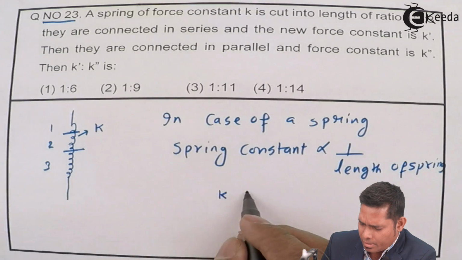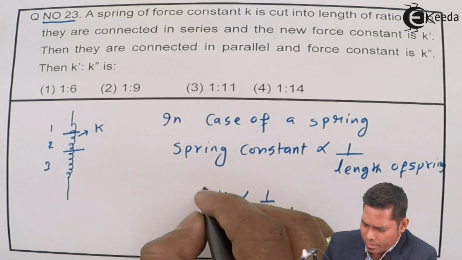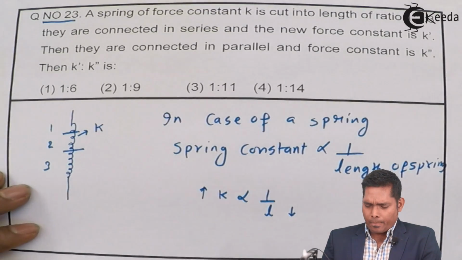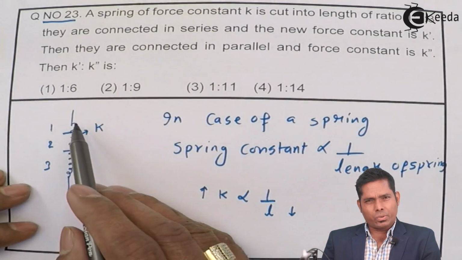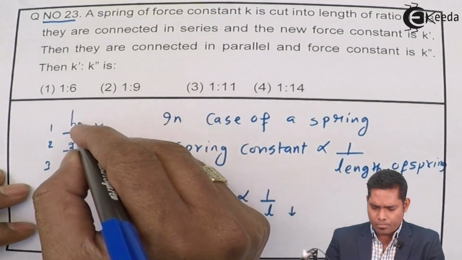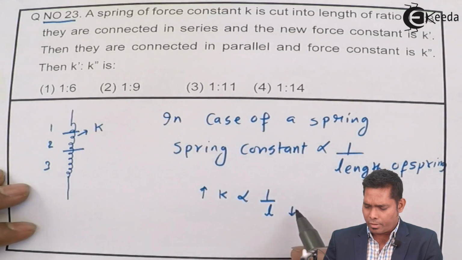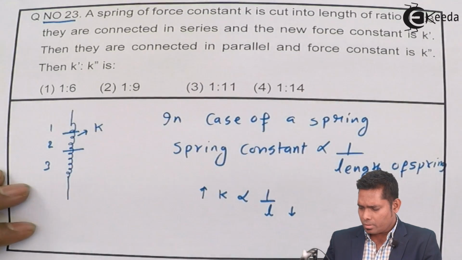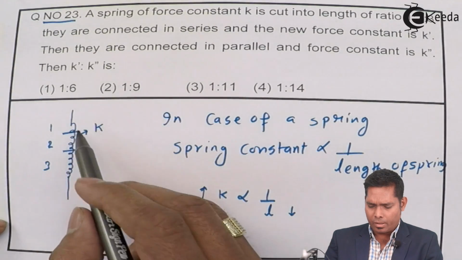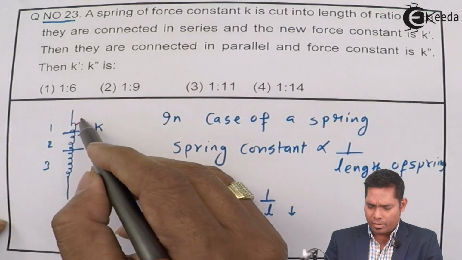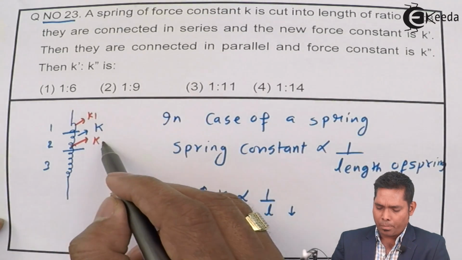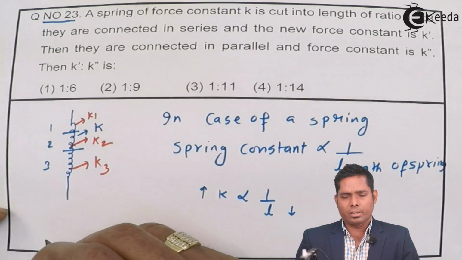That means K is inversely proportional to L. Lower the length, higher the value of K. When you cut the spring into different lengths, you get different K. Suppose this part has stiffness constant K1, this part of two parts has K2, and here the stiffness constant is K3.